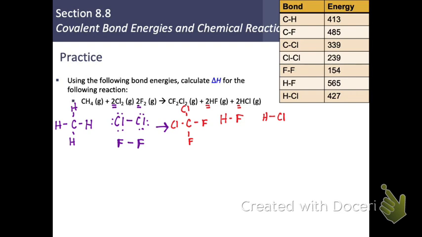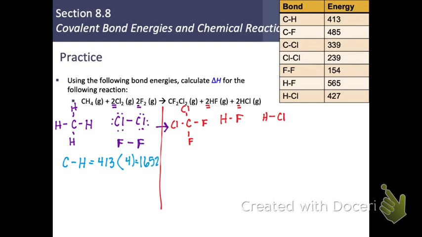All right, now let's start looking at our energies. On the reactants side, C to H single bonds are worth 413. How many of them do I have? 4. So 413 times 4 is 1652.